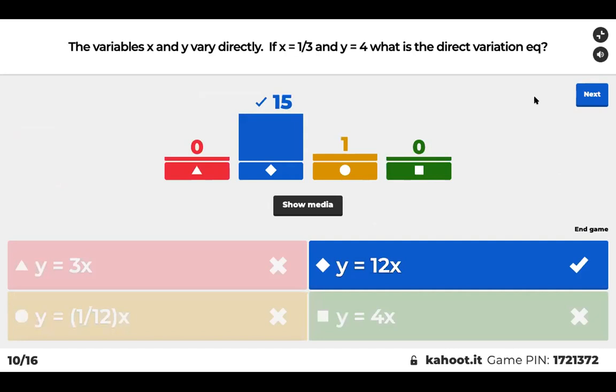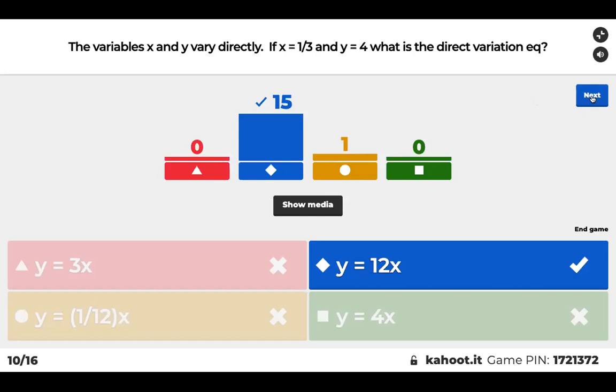So I would plug in 4 for y and 1/3 for x. And when you solve for a, you get 12. So again, that's section 2.4. If you have questions on that, look up 2.4 tonight just to review.